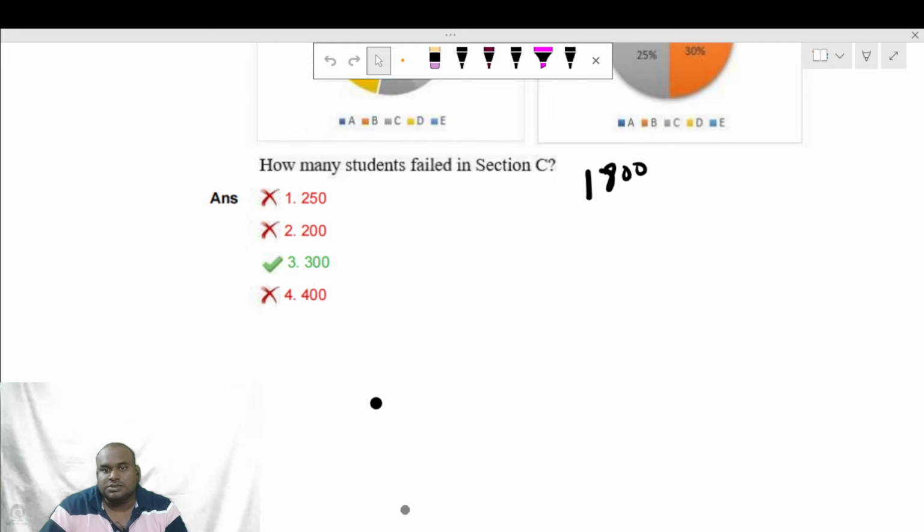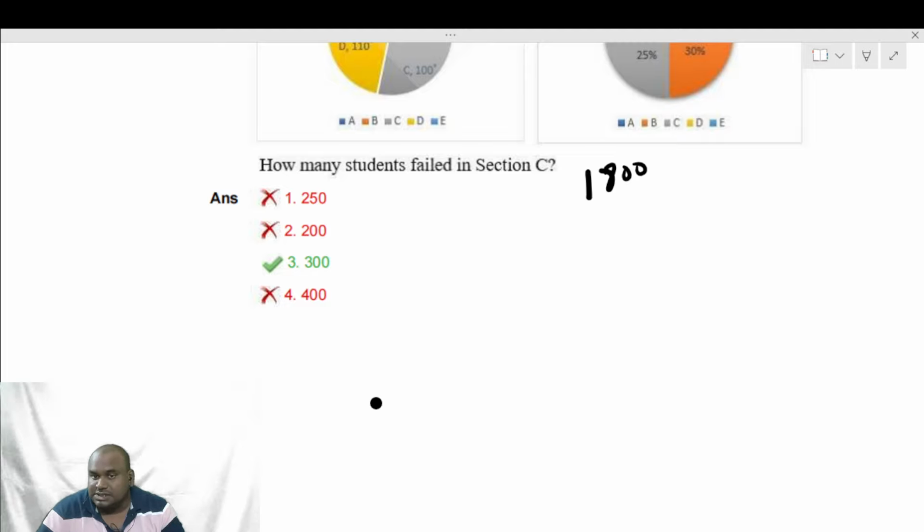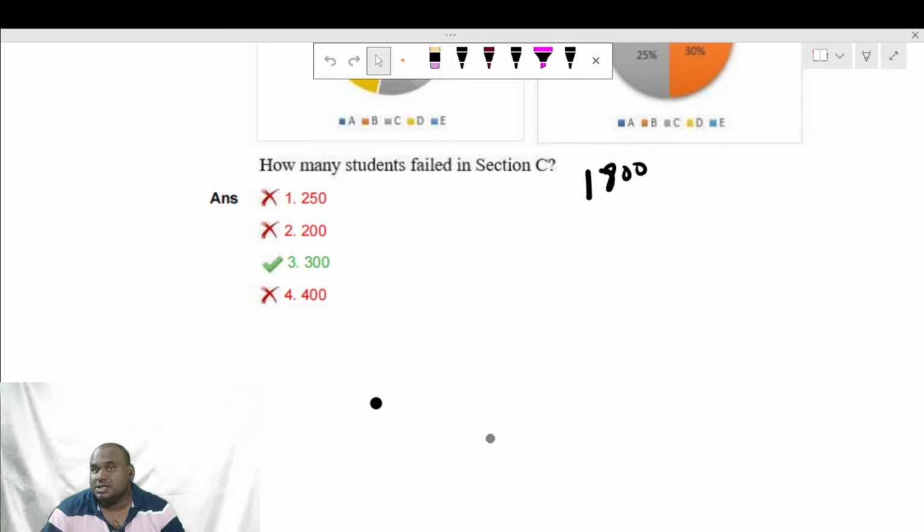So the total number of students is 1800, and this 1800 is for the whole circle, because the sections were represented in the form of a circle. You have to proportionate the sections with respect to the degrees of the circle. In a circle, 360 degrees will be there.